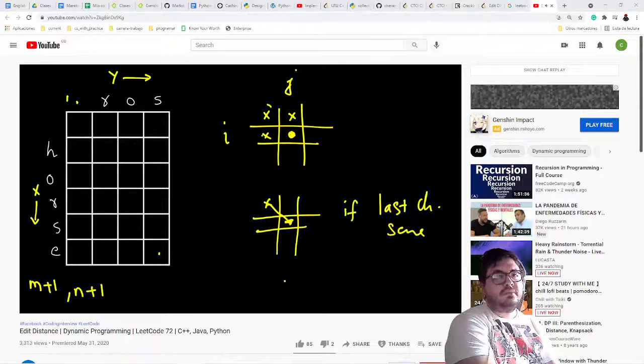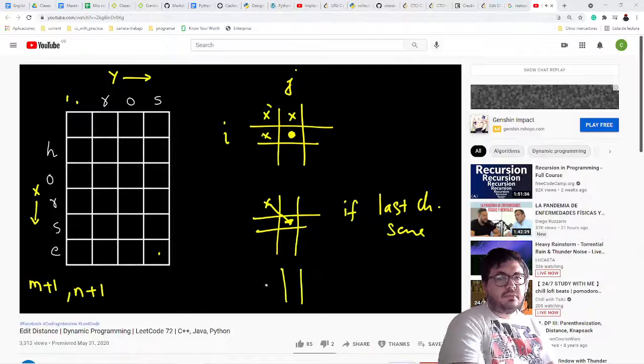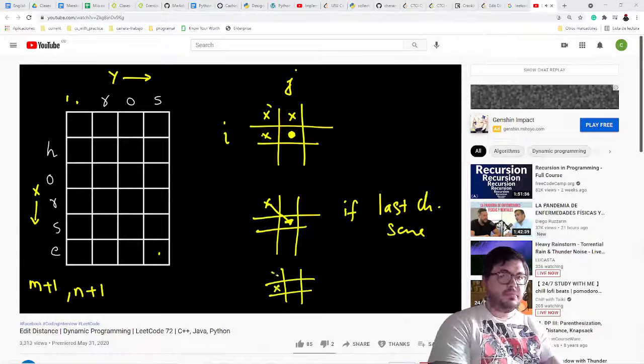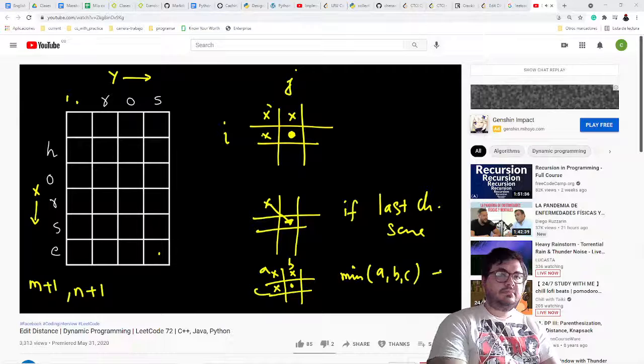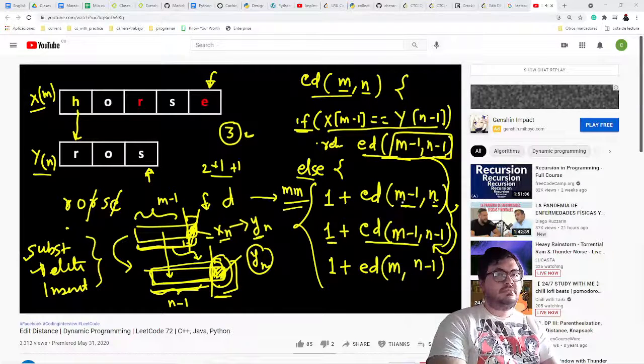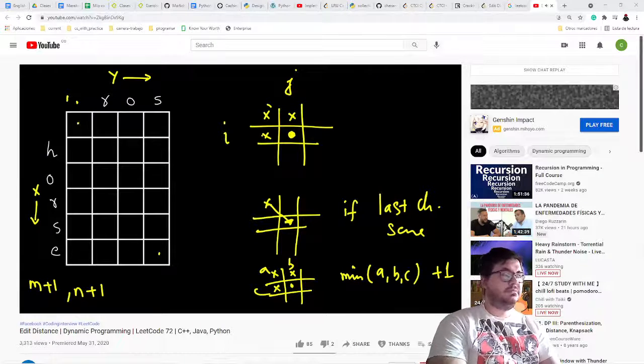If they are different, we will take minimum of these three, A, B, C, min of A, B, C plus 1, and that is what we had written here, minimum of these three. So let's start filling this table.